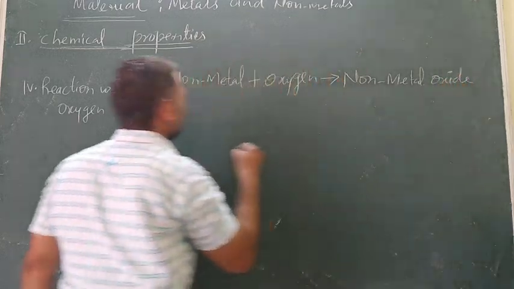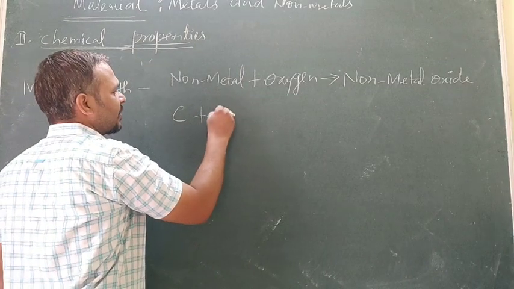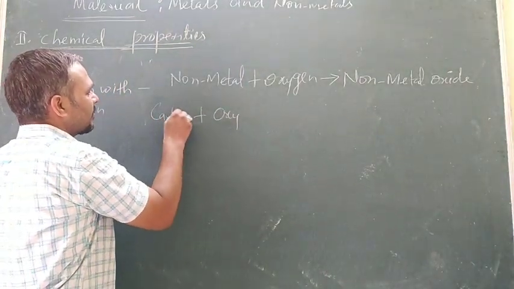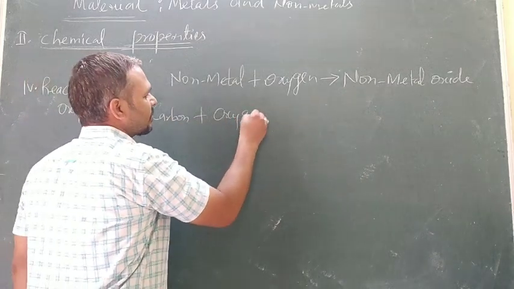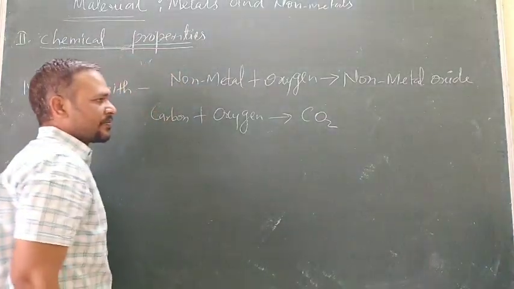For example, carbon is a non-metal. When it reacts with oxygen, it forms carbon dioxide.